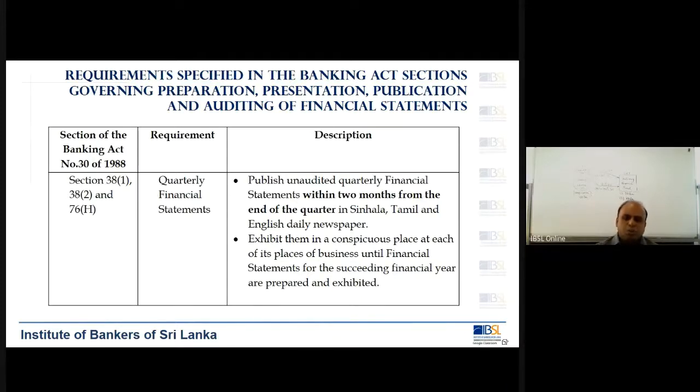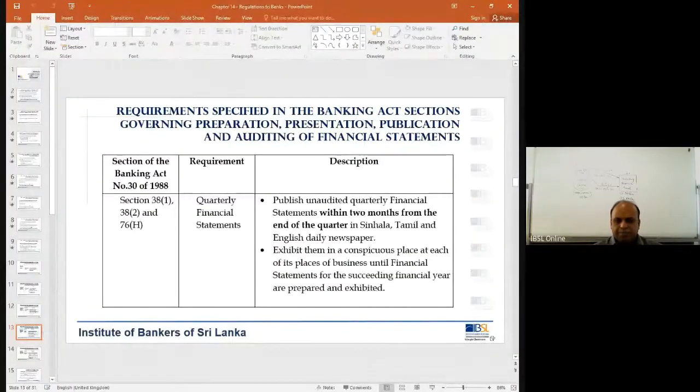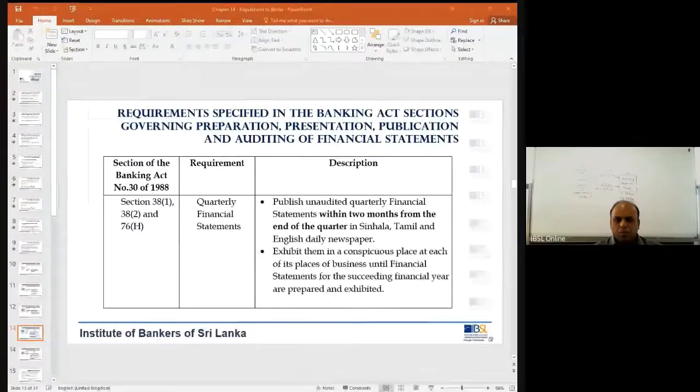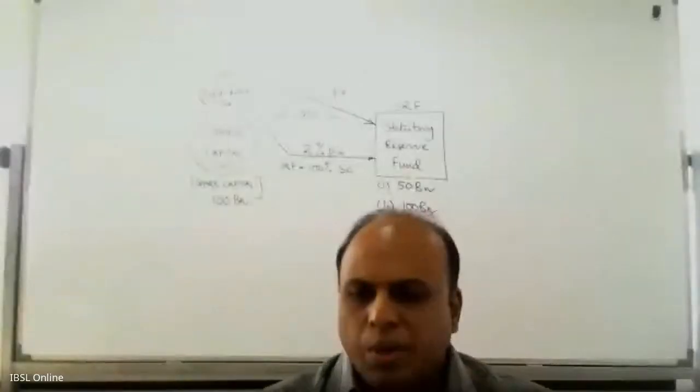So when are you going to publish that? Publish unaudited quarterly financial statements within 2 months from the end of the quarter in Sinhala, Tamil, and English newspapers. Now, this is again a question, so you need to understand what it is.